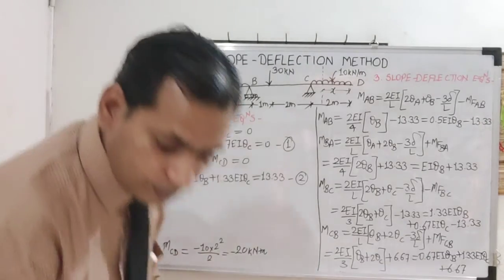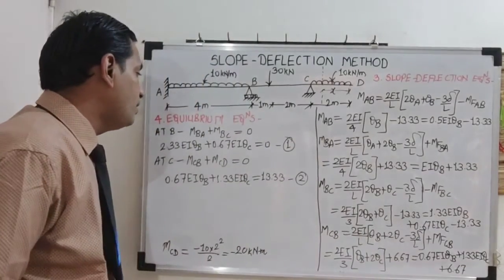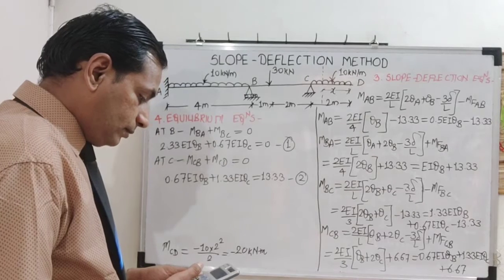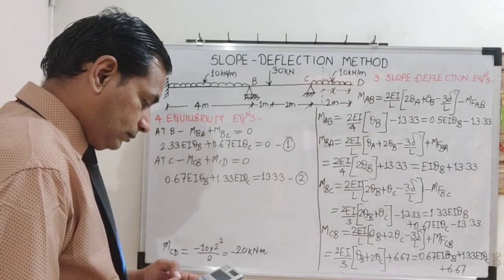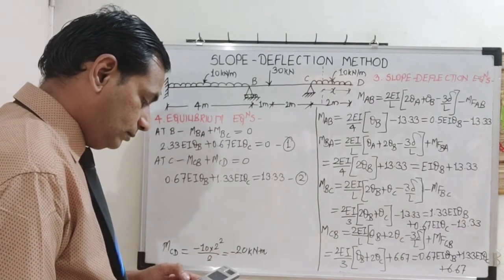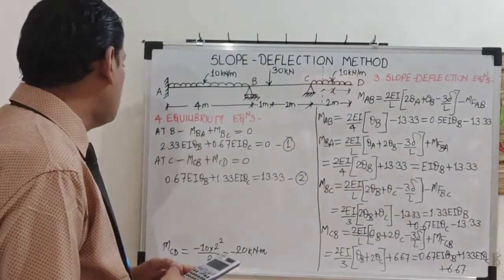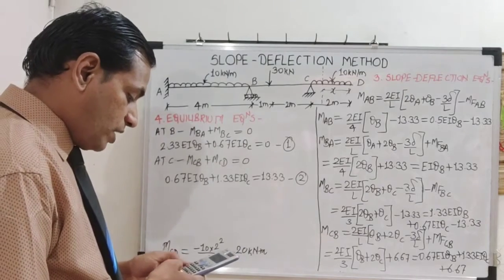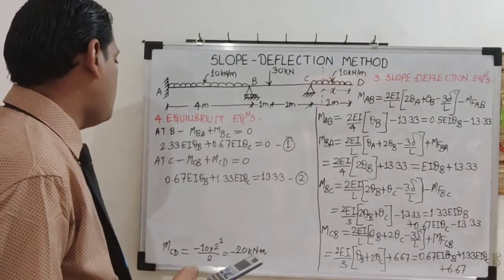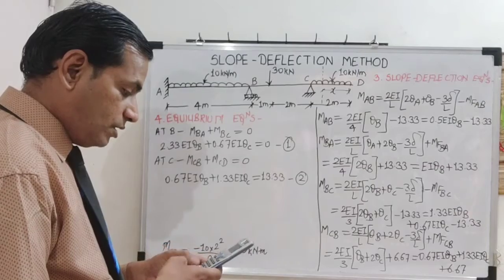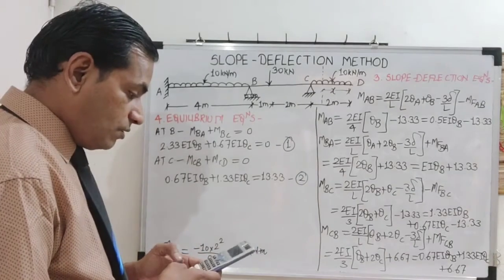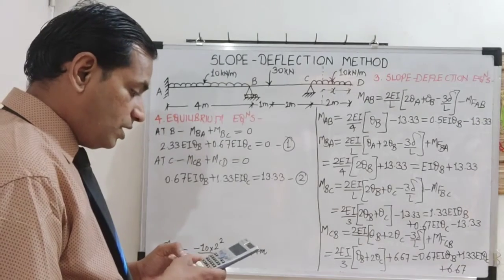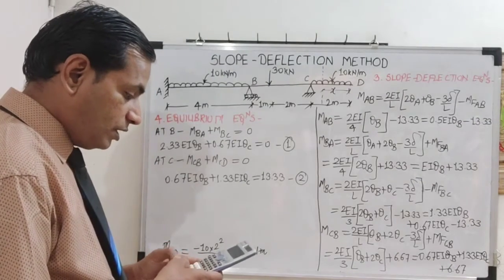So we have to solve these two simultaneous equations. So let us solve it. Our first coefficient 2.33, second 0.67, third is 0, then 0.67, then 1.33, and then 13.33.